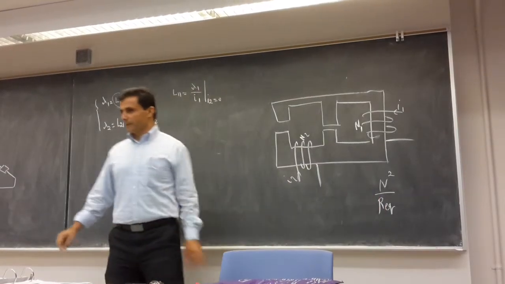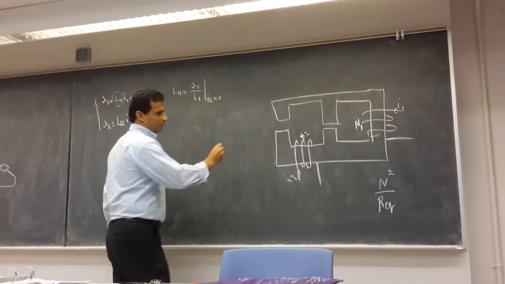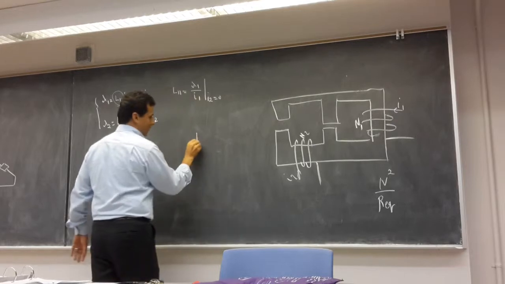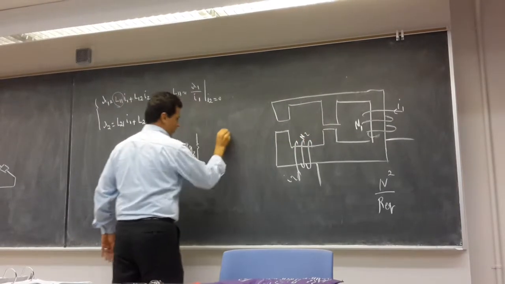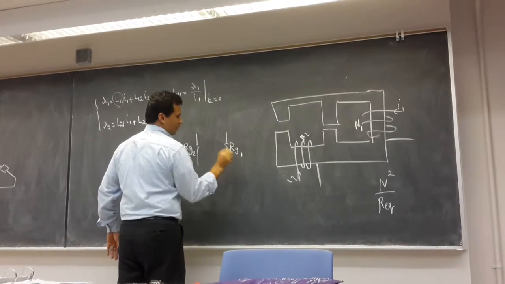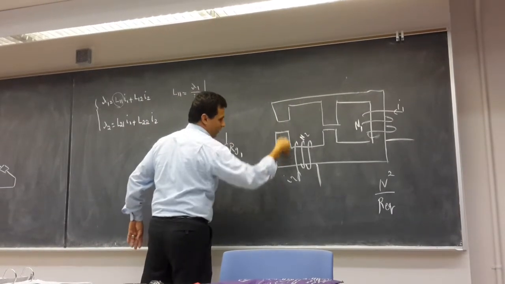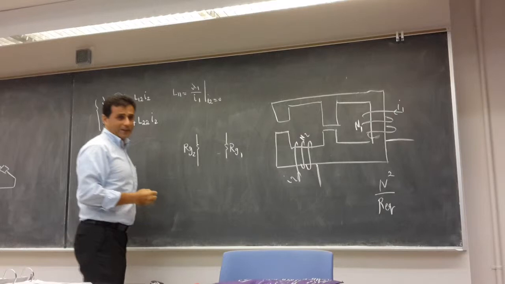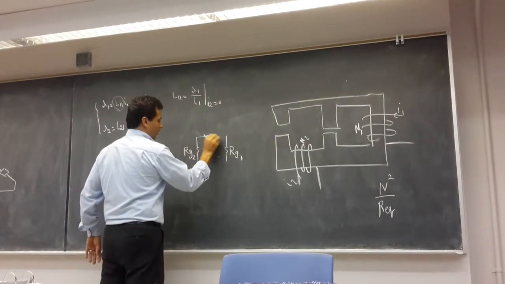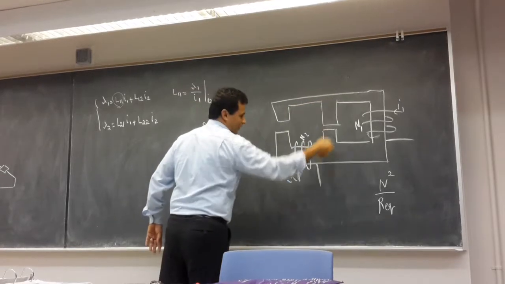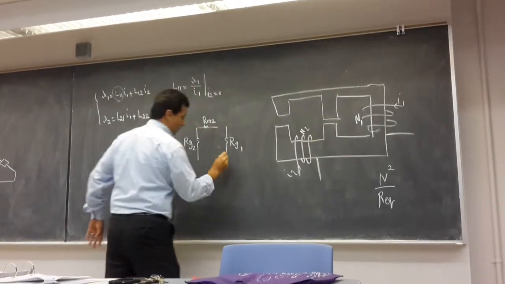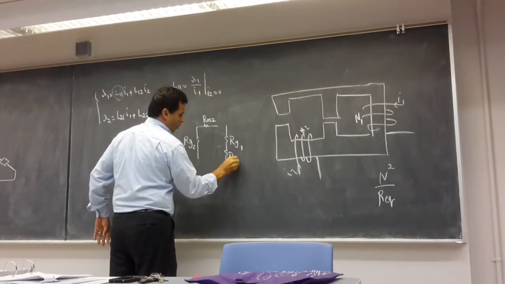How much is the R equivalent? Let's say we have one gap here, RG2. I have one gap here, RG1. I have one magnetic reluctance here, I call it Rm2. And I have one magnetic reluctance here, I'll call it Rm1.